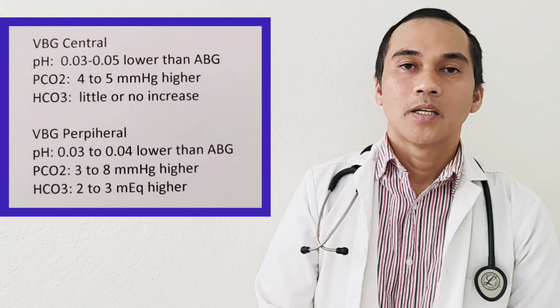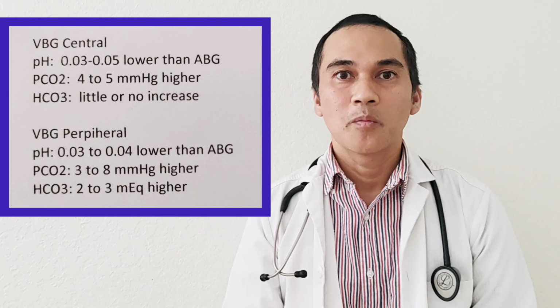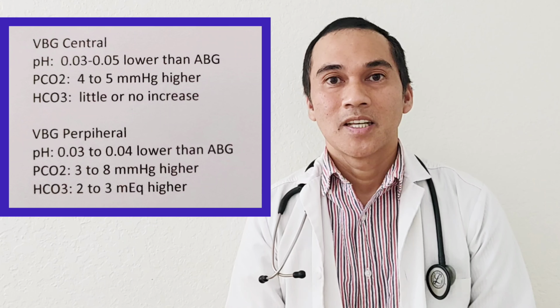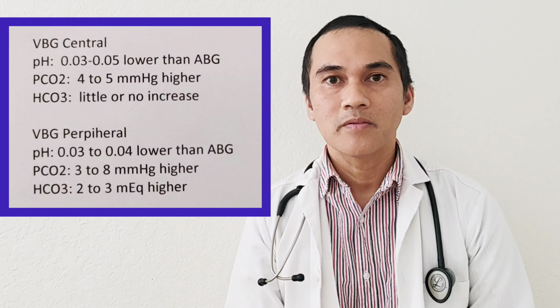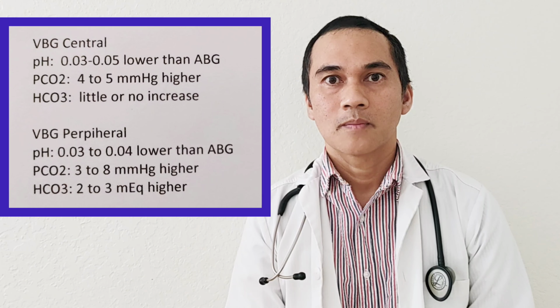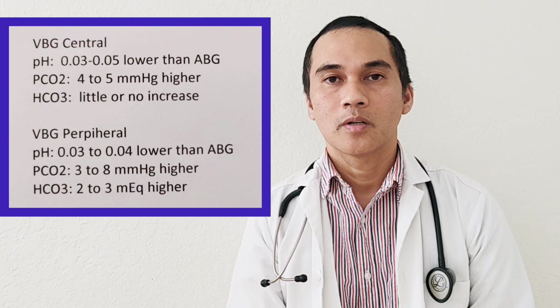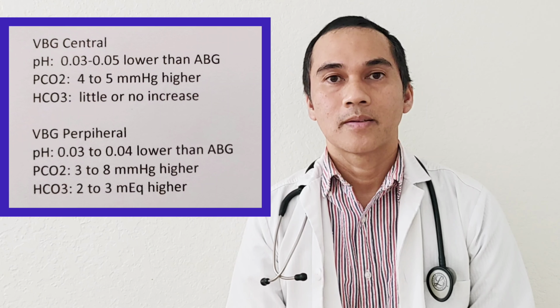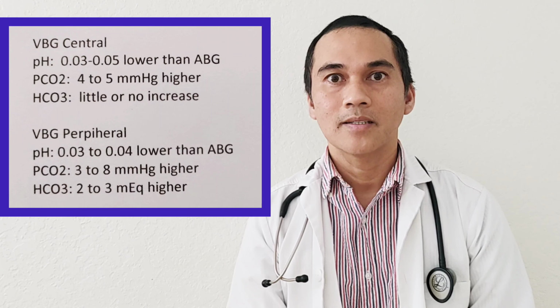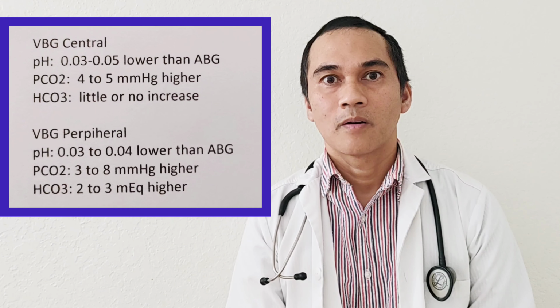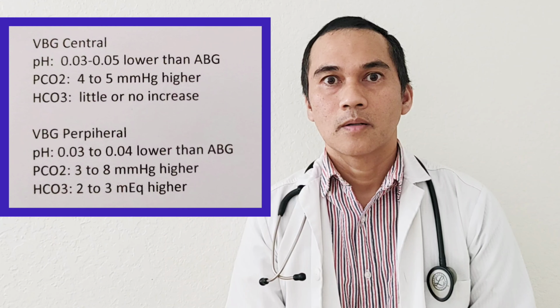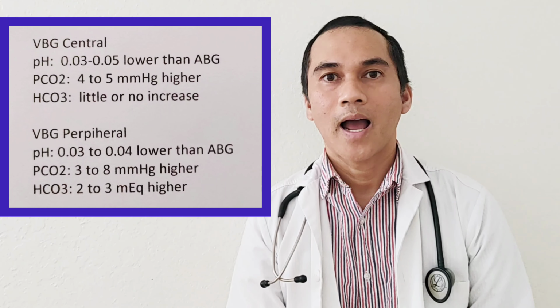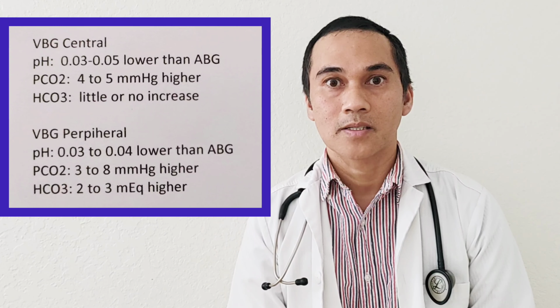Before we proceed with the exercises, I will share with you the VBG values. So right now we're doing more VBGs than ABGs. For the central VBG, the pH is lower compared to ABG, by 0.03 to 0.05. And then the carbon dioxide, CO2, is 4 to 5 higher than your ABG values.